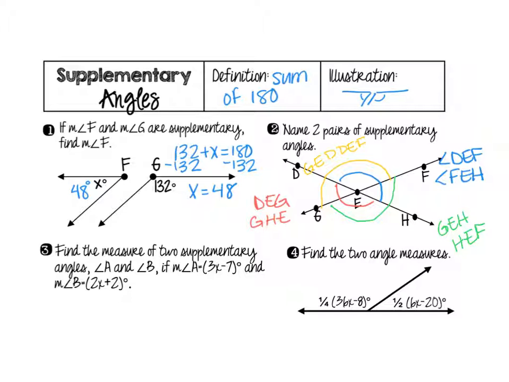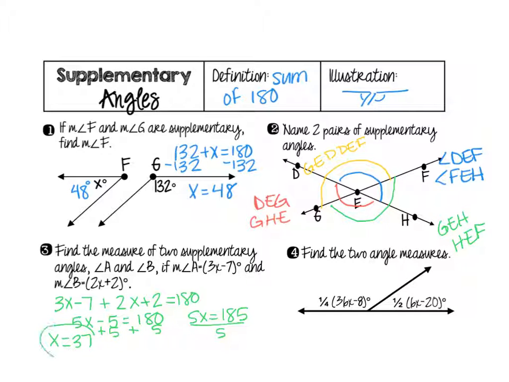All right, so looking at number 3, I know that 3x minus 7 plus 2x plus 2 is going to have a sum of 180. So that's going to be 5x minus 5 equals 180. Add 5 to both sides. So 5x equals 185. If I divide by 5, x equals 37. Now I'm going to have to plug that in.